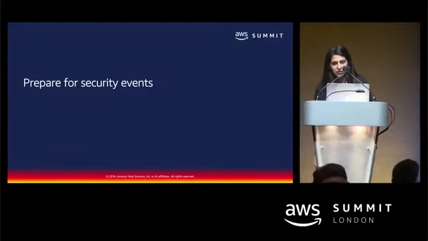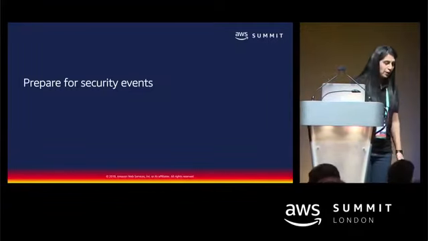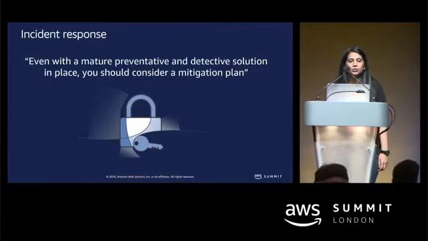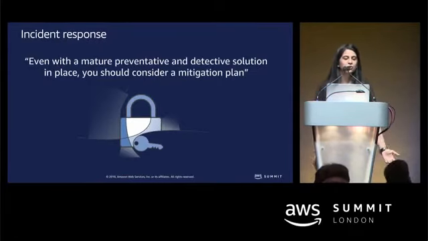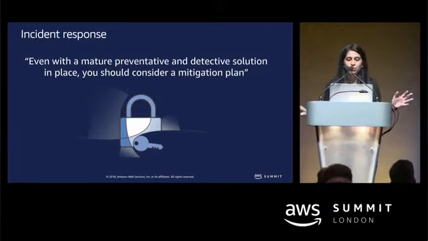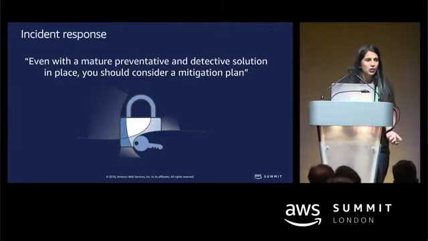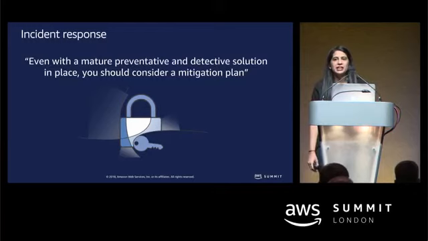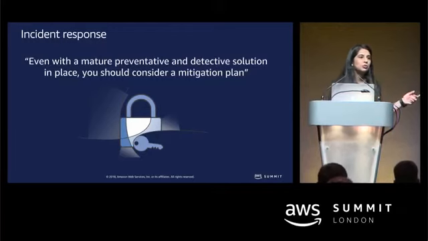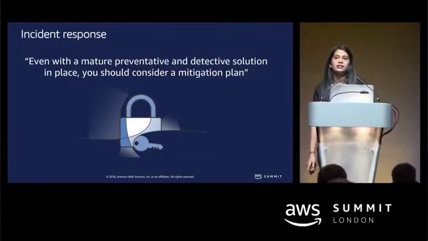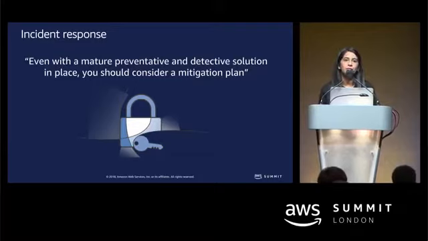So, preparing for security events. When you think about preparing for these, make sure that, in spite of the fact that you have a mature preventive and detective solution in place, you should always consider a mitigation plan. The runbook that we spoke about, the example that I provided, is the one that I encourage you to have within your environments.